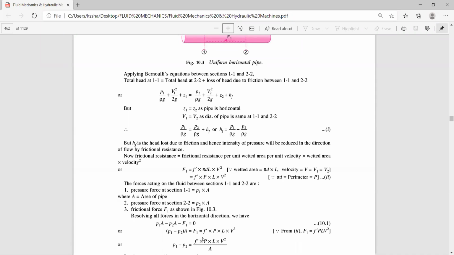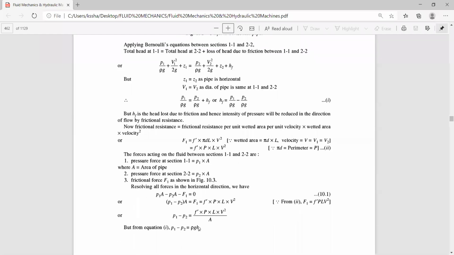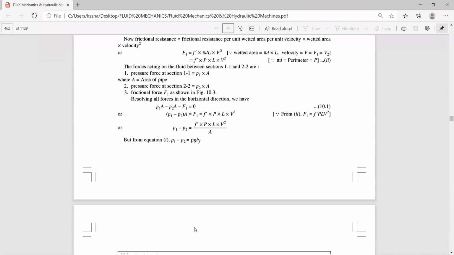Now P1 minus P2 is equal to F dash into P into L into V square divided by A. But from equation 1, P1 minus P2 divided by rho g is equal to HF. So your P1 minus P2 will be equal to rho g into HF.